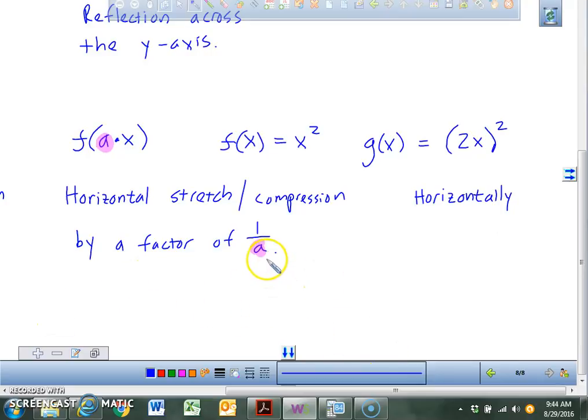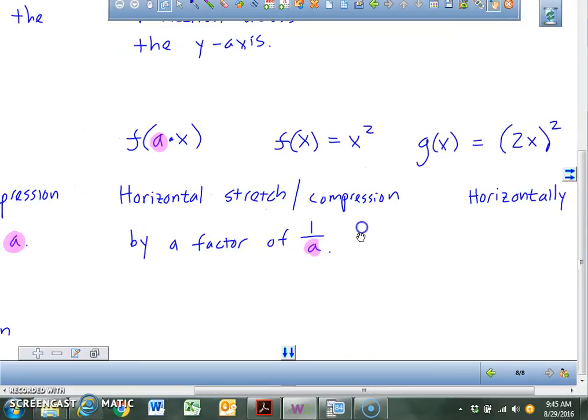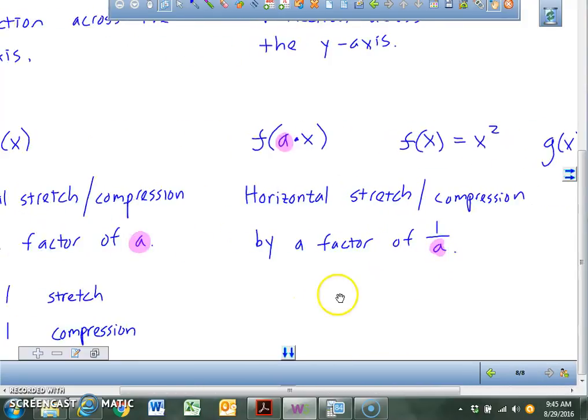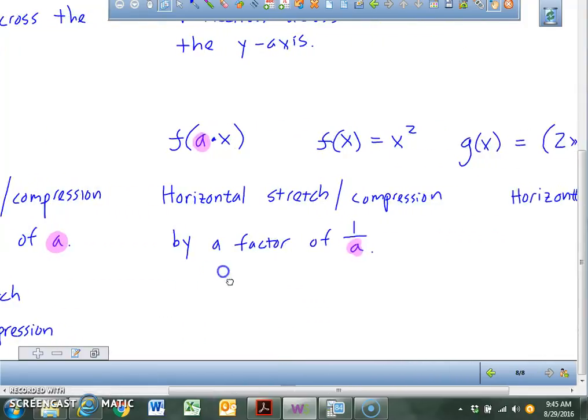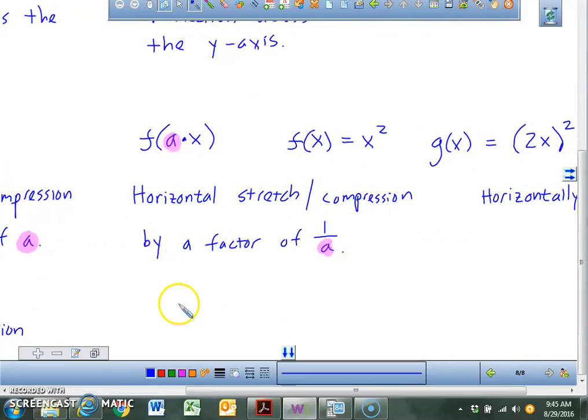Now, we got to know what a does before we finish this. So I'm going to slide this over real quick. You guys see how we have a is greater than 1? Now, if a is greater than 1, in this particular case, this is what would be a horizontal compression.